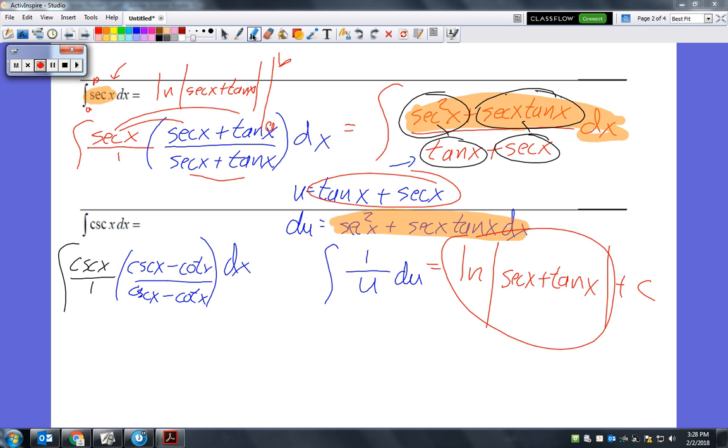Now let's think about this, okay? We know the bottom is going to be u. What's the derivative of cosecant? Negative cosecant cotangent, right? And look at this. Negative cosecant cotangent is right there. You with me? What's the derivative of cotangent by itself? Negative cosecant squared, right?